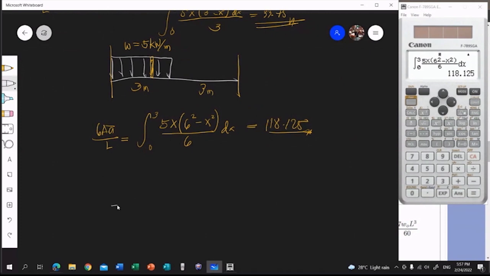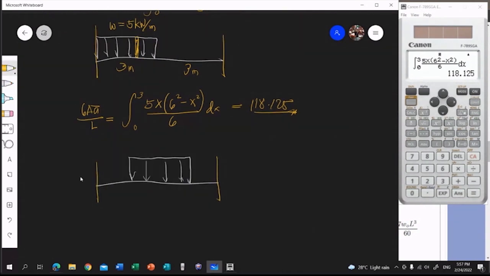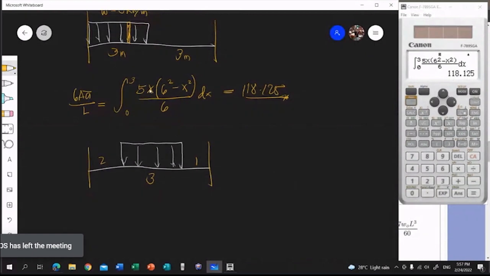How about if the loading is like this? This is 2, this is 3, and this is 1. What changes? Same equation, same function, only your limit changes. Same, W is equal to 5 kilonewton per meter.